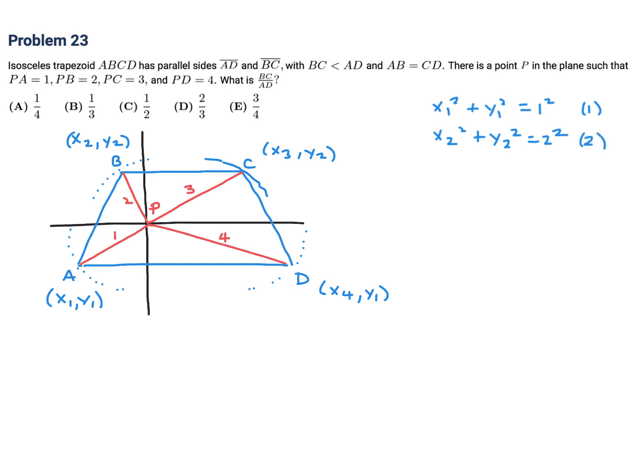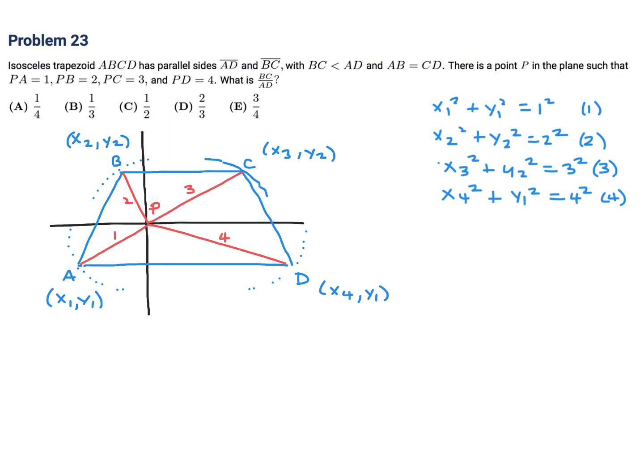And the circle with radius 3 is x3 squared plus y2 squared is equal to 3 squared. And finally, the circle with radius 4 is x4 squared plus y1 squared is equal to 4 squared. And that's equation 4.